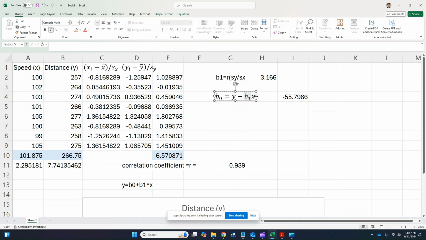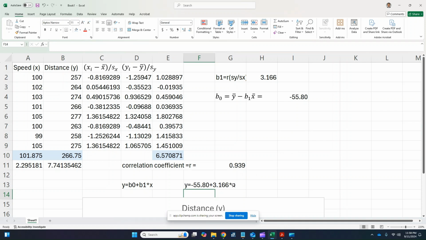Okay, so beta 0 is equal to negative 55.796. So this equation, now we have the values. So this equation y equals negative 55.80 plus 3.166 times x.